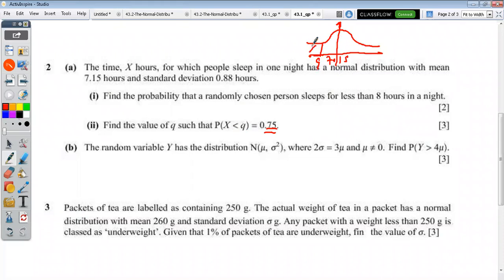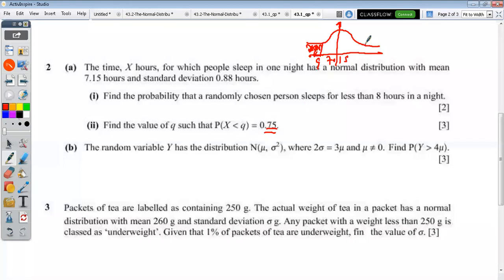And we want this probability here. Probability that X is less than Q is 0.75. Oh, so that's not correct. X being less than, okay, is 0.5. 0.75 is 3/4 of the graph.